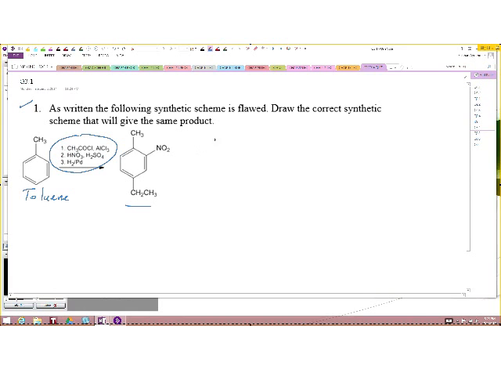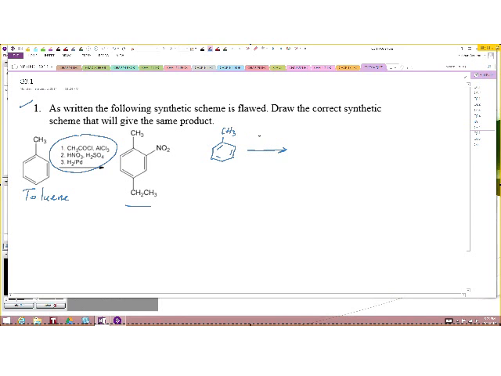So here we're starting with toluene. What kind of reaction is the first one? Friedel-Crafts acylation. Very good.